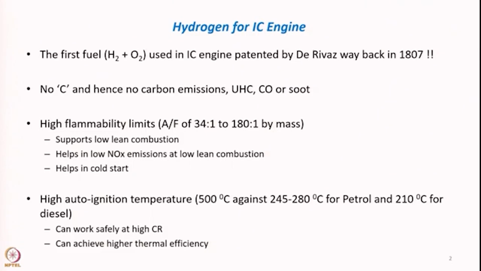But with hydrogen we do not have any carbon-based molecule in the fuel, so there will not be unburnt hydrocarbon, carbon monoxide or black soot. That is one of the major benefits of using hydrogen as a fuel in IC engines.